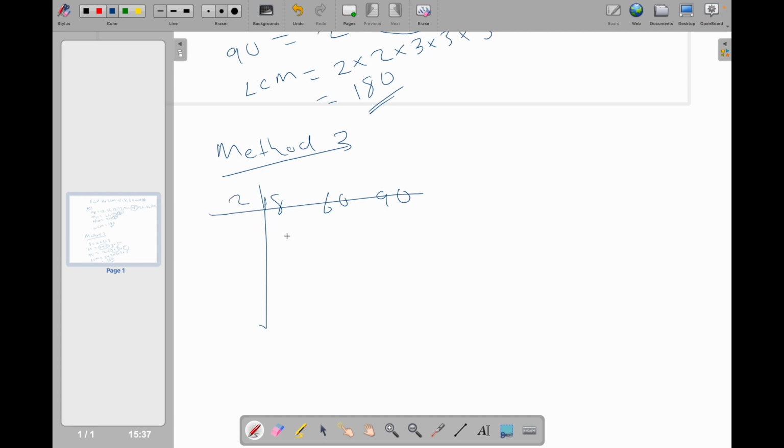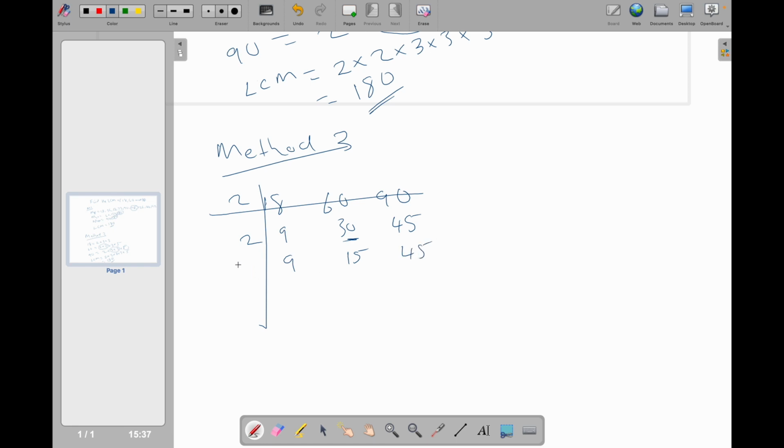If we divide this by 2, here we get 9, here we get 30, and here we get 45. And we can still divide this by 2. So we say 2, we carry 9, and here we get 15, and here we get 45.